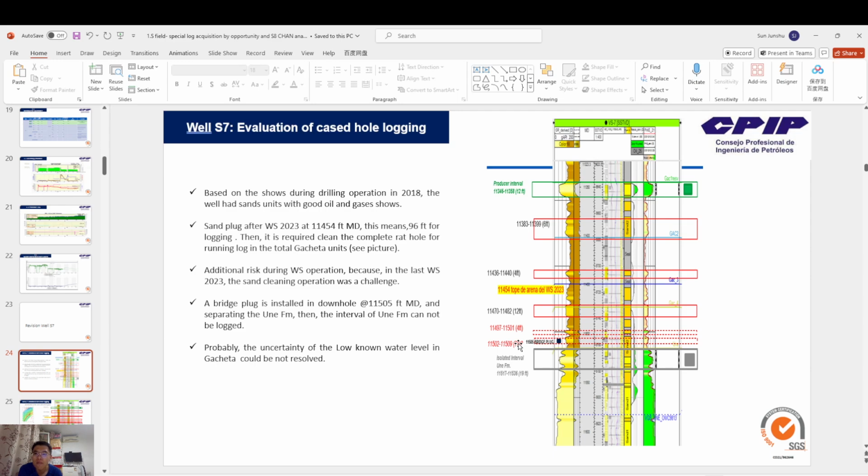Sand plug after work service 2023 at 11,454 feet MD. This means 96 feet for logging. Then it is required to clean the complete rat hole for running log in the total Gajita units.